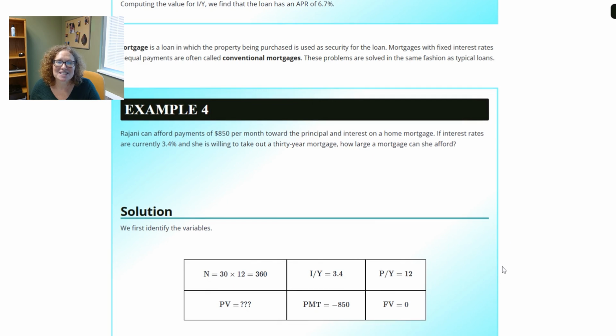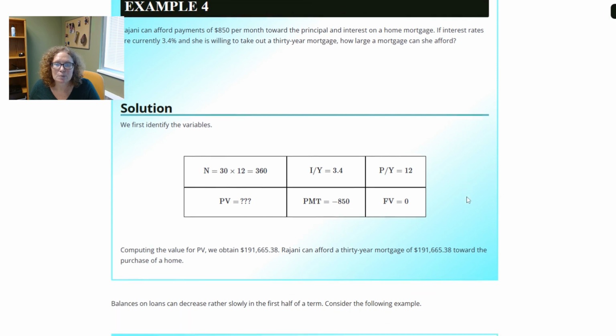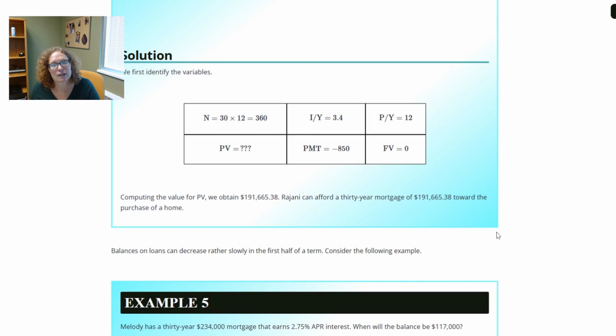So if you look at this example, we just plug all the numbers in. We're looking at the present value because we want to know how large a mortgage she can afford. And so we just plug in the other numbers and we end up getting the final amount that she would use.